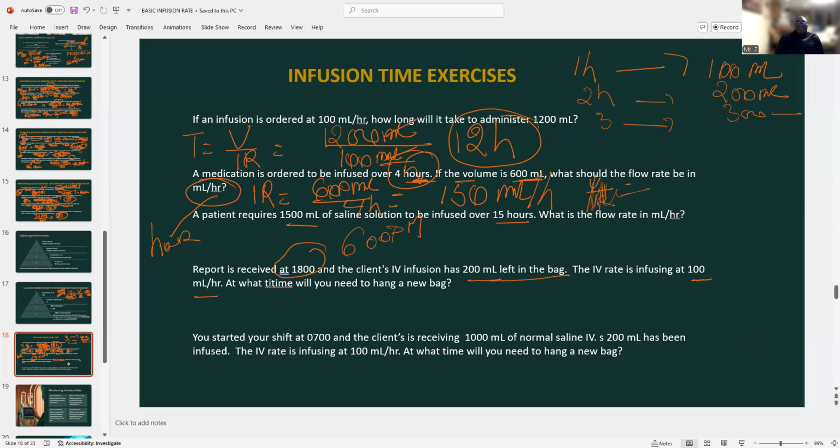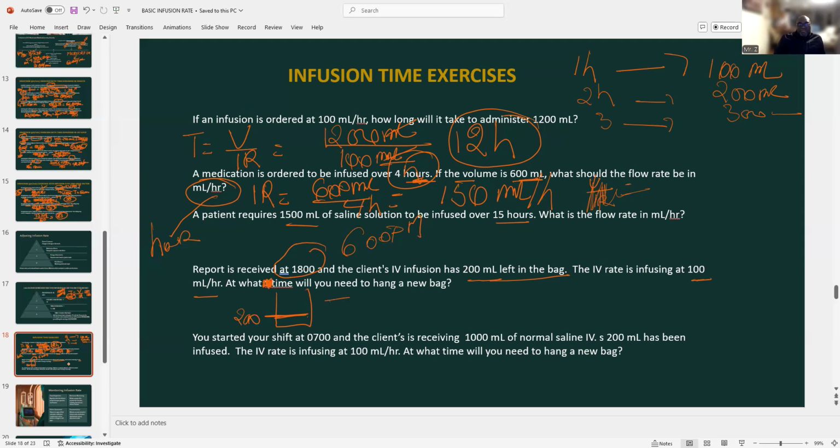At what time will you hang the new bag? Remember, I have my bag right there, my IV. So it's only 200 left. Since only 200 milliliter left, I need to know how long it's going to take before I hang the new bag. So I need to find first the time of the infusion.